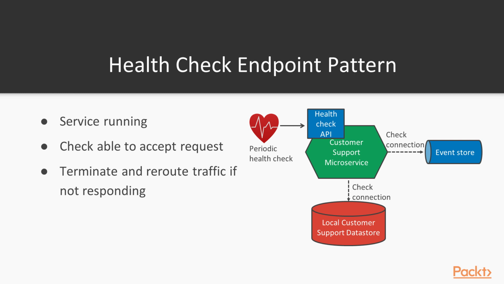For event sourcing and CQRS, you can also check that you can connect to the event store so that it is up and running, or submit some test event that will be ignored by all the subscribers. So if you look on the right, we have a periodic check that checks the health check API of the customer support service. That in turn will check it can connect to the local customer support data store and also connect to the event store.